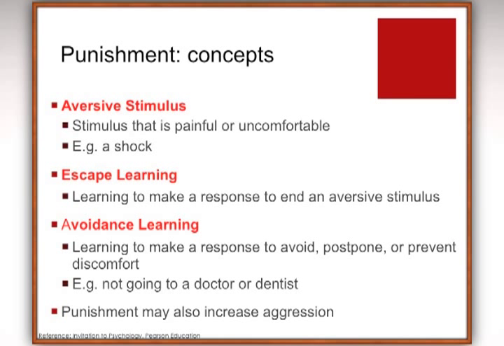There is also avoidance learning, which refers to learning to make a response to avoid, postpone, or prevent discomfort. For example, not going to a doctor or dentist is avoidance learning.